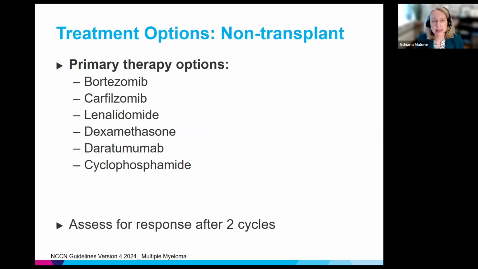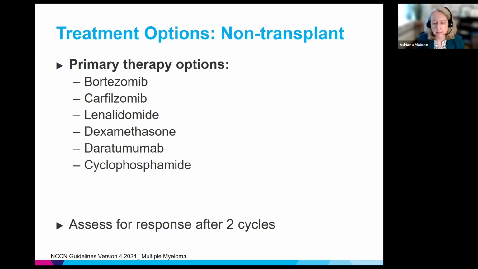If the patient is not thought to be a candidate for transplant based on age, performance status, and comorbidities, we still may use many of the similar regimens, including combinations containing bortezomib, carfilzomib, lenalidomide, dexamethasone, daratumumab, or cyclophosphamide.